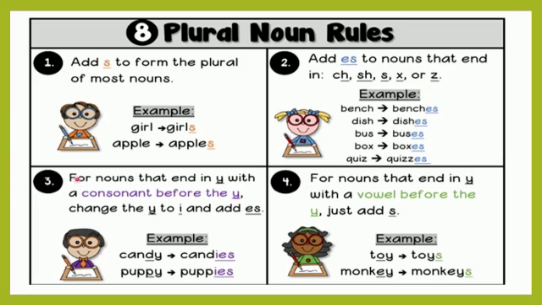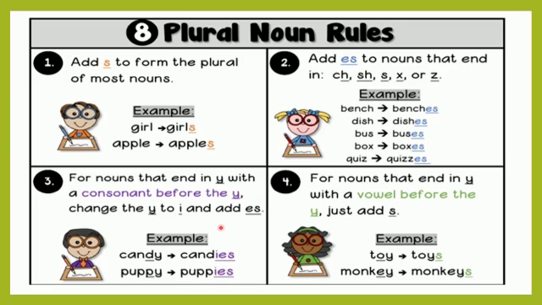So rule number 3. For nouns that end in y with a consonant before the y, change the y to i and add es. Now let us see some examples here. Candy, candies. Puppy, puppies. So it ends with y. Here D and Y both are consonants.